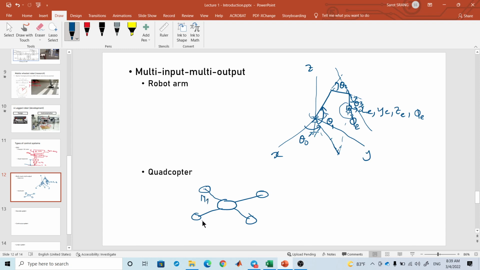One, two, three, 4. You have 4 motors. So the propeller produces thrust force in this direction. Okay. And also produces torque in each propeller.